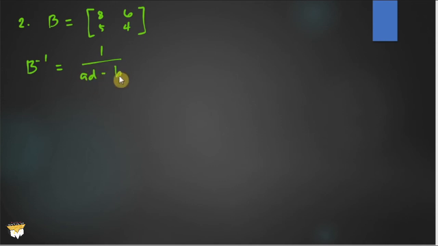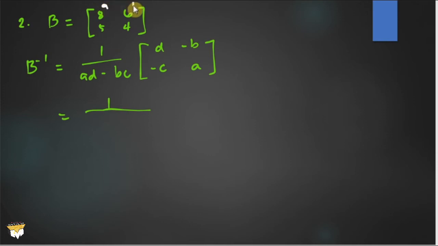So next, let's have another example. Let's say we have matrix B is equal to 8, 6, 5, 4. Okay? So let's find the inverse of this. So the inverse of this is equal to 1 over A times D minus B times C, times D, negative B, negative C, positive A. Okay.